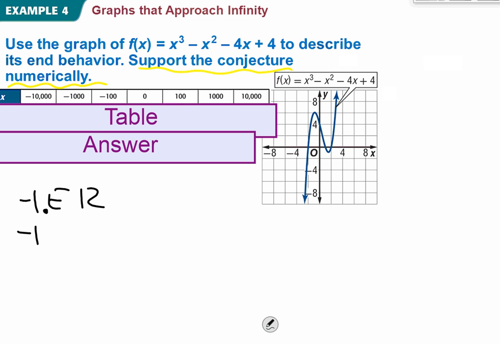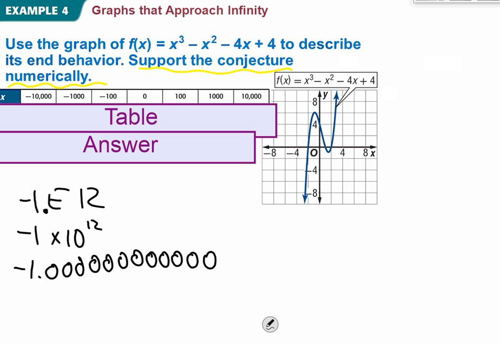This is really -1 times 10 to the 12th. That's how your calculator writes that. So -1 point, and then 1, 2, 3, 4, 5, 6, 7, 8, 9, 10, 11, 12. I'm going to move that 12 decimal places that way. So that is a very small number, or very negative number.